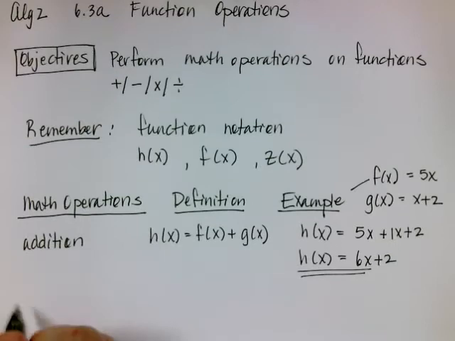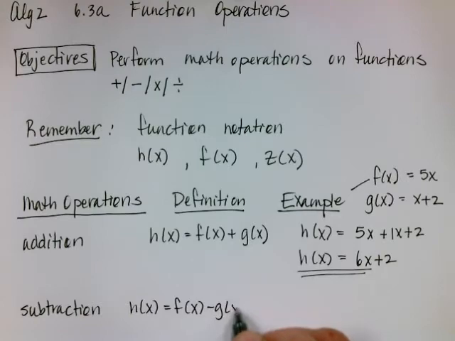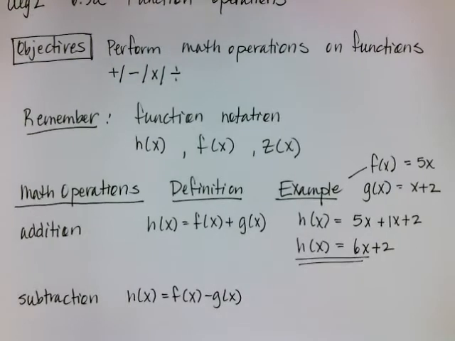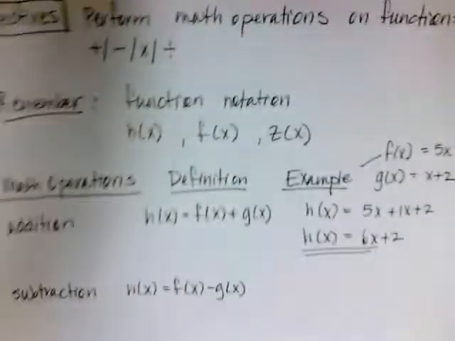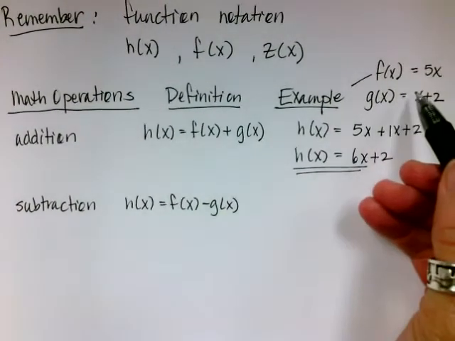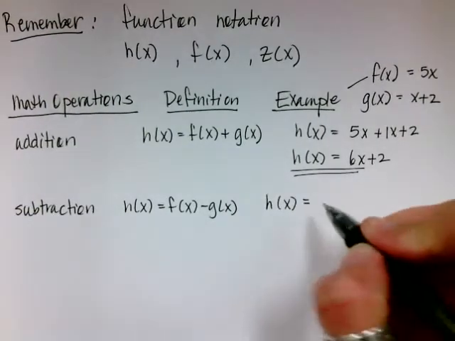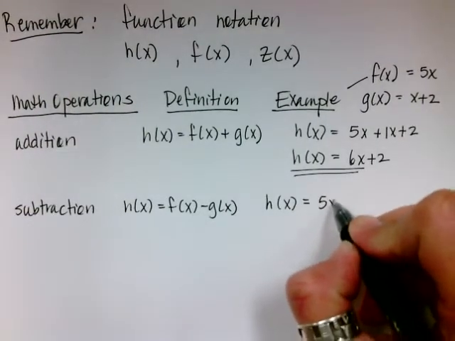All right. The next one will be subtraction. And so mathematically it'll look like h of x is equal to f of x minus g of x. So pretty simple for the math portion. Okay. All right, as I scoot that up, now I'm going to use my two functions. So I'm going to do h of x is equal to f of x was 5x.